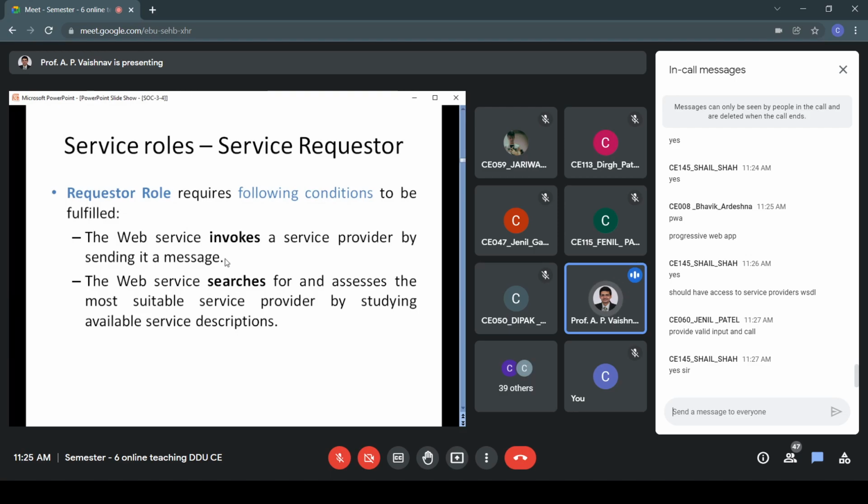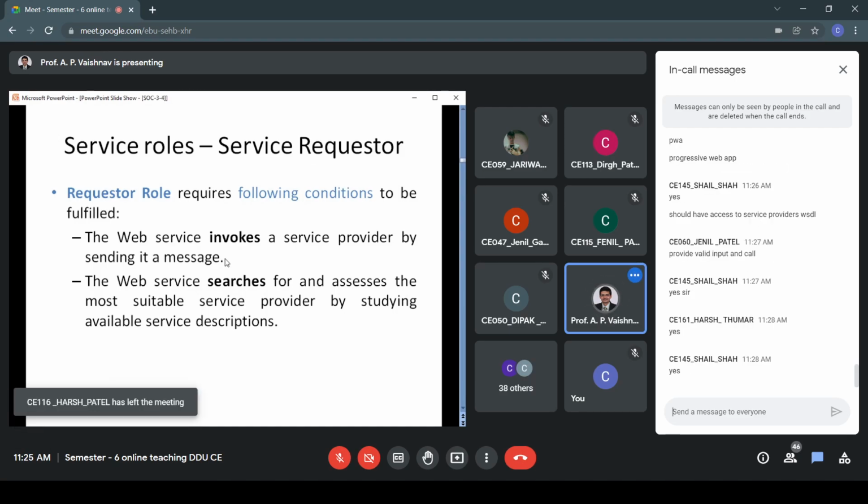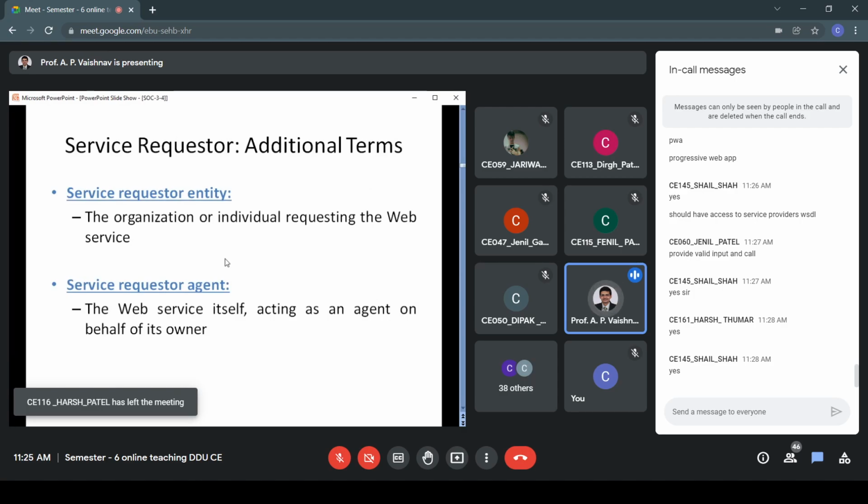Are you clear up to this? Right? What are the conditions of provider? What are the conditions of requester? That's what we have seen, right? Okay, good. So similar to provider terms, we have requester terms, right? The web service that is actually sending a request, that is known as agent, fine.